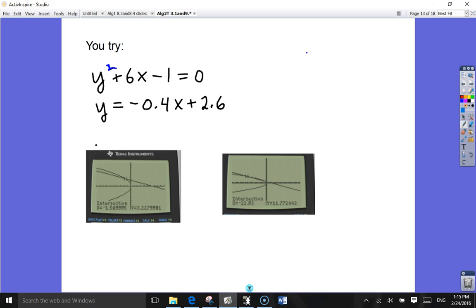Try this again. Second trace 5. The first curve, that's the positive square root. Okay, and it's on there. So hit enter. Now you don't want the negative square root. You want the line. So hit down arrow. Now it's the line. Enter. Enter. So it's positive 1. Okay.